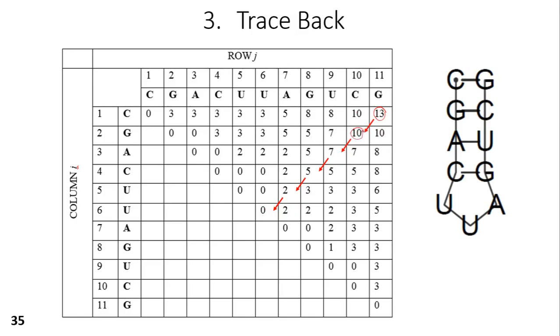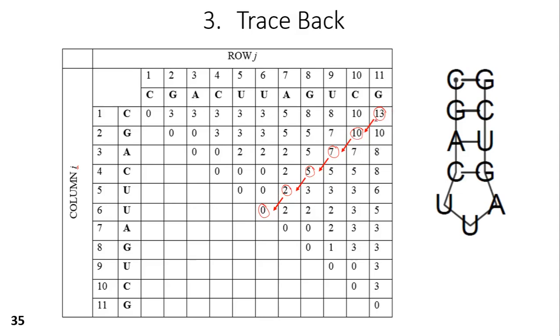Yes, we have got 10. If we move diagonally down, what is the next biggest value? We have got 7. If we move diagonally down, what is the next biggest value? It is 5. Again, if we move diagonally down, what is the next biggest number? 2. And eventually we reach the main diagonal. So this is called traceback.